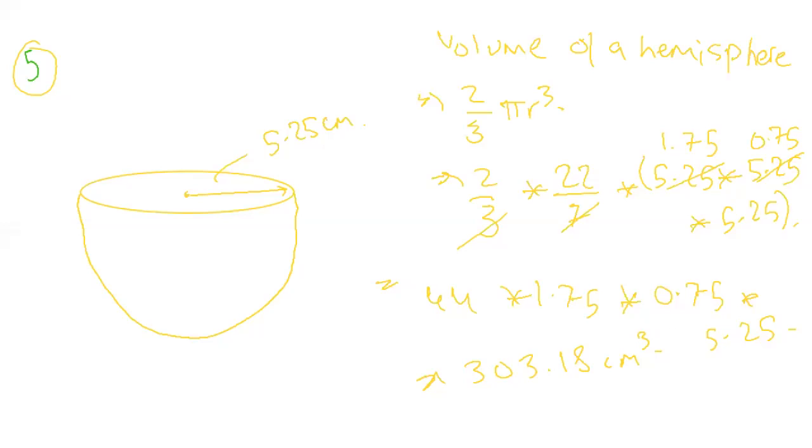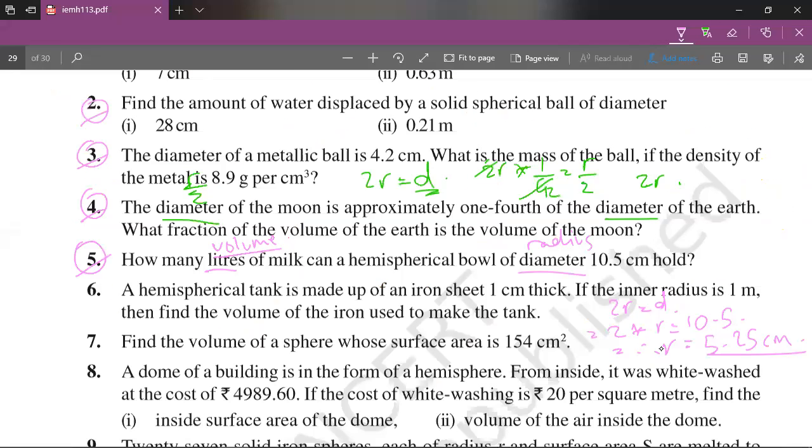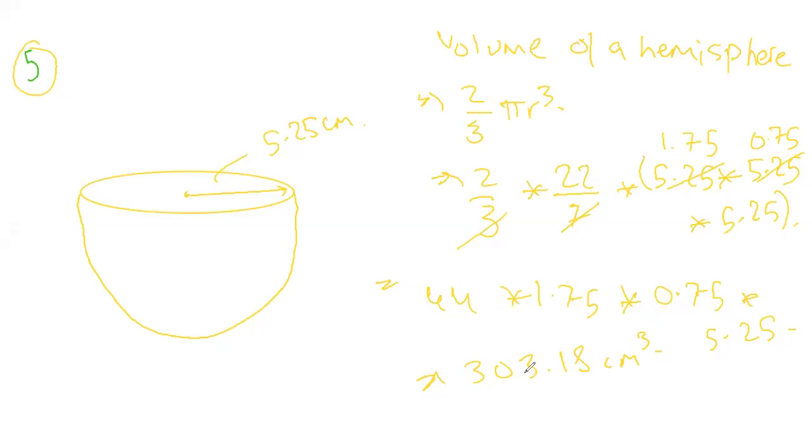Now we go back to the question to see if anything is left out. In this question it is mentioned that we have to calculate the volume in liters. We have only calculated it in centimeter cube, so no worries, we'll convert centimeter cube into liters by the analogy that 1000 centimeter cube is equal to 1 liter.